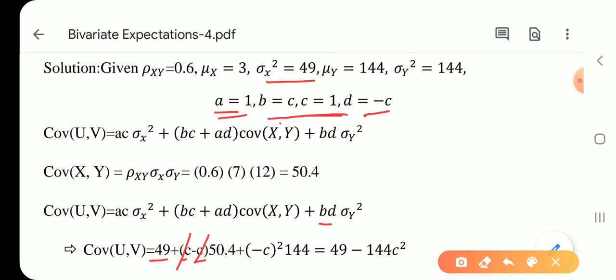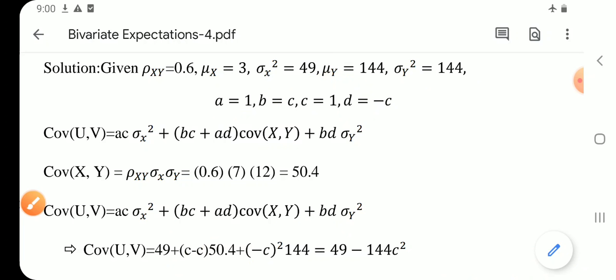BD, value of B and D, C into minus C, we get minus C square, value of sigma y square is 144. So here we get 49 minus 144 C square.